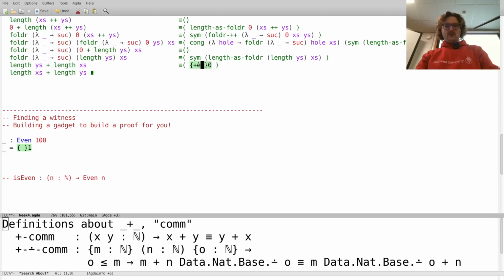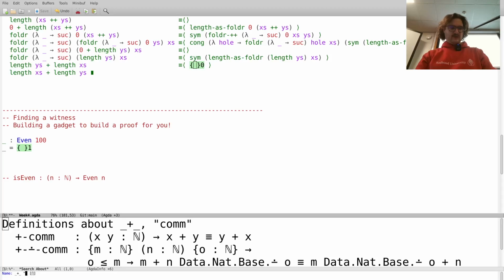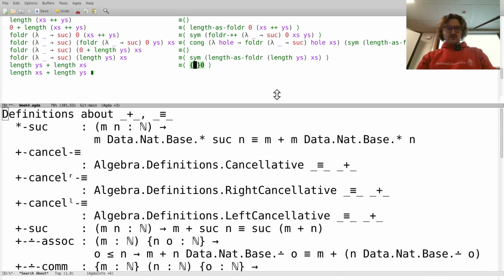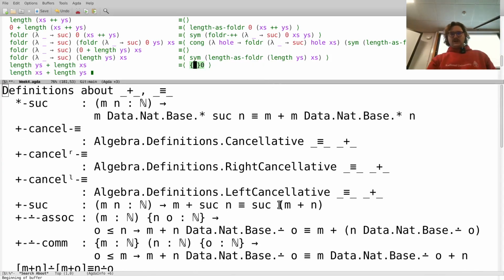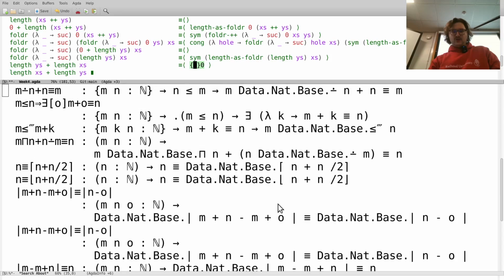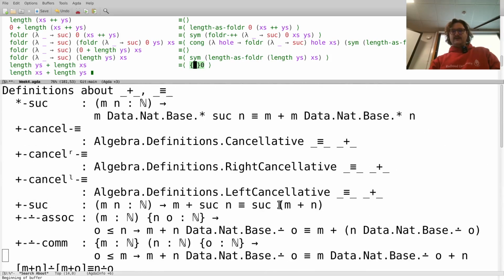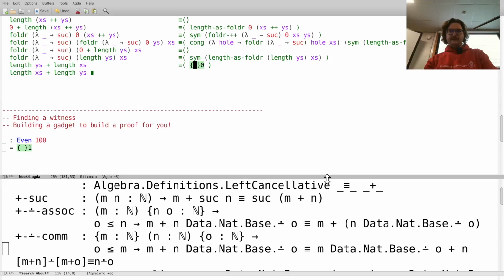So even if you don't know the name of the thing, you can find it. If you don't know that it's going to be called something com, you can just search for plus and equality, and you'll get many more results, but it's still way fewer than if you go dig down into the data-nat properties file yourself.